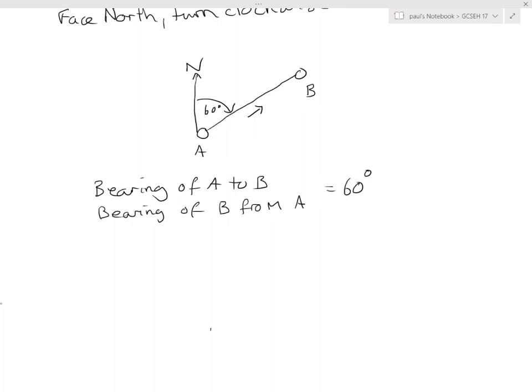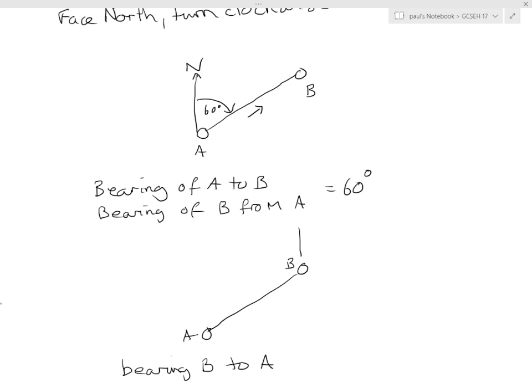Now what about if we have the same thing but go the other way? So we've got A and we've got B, and we want to find the bearing of B to A, or A from B, either way. So you start at B, which is our source, our starting point.